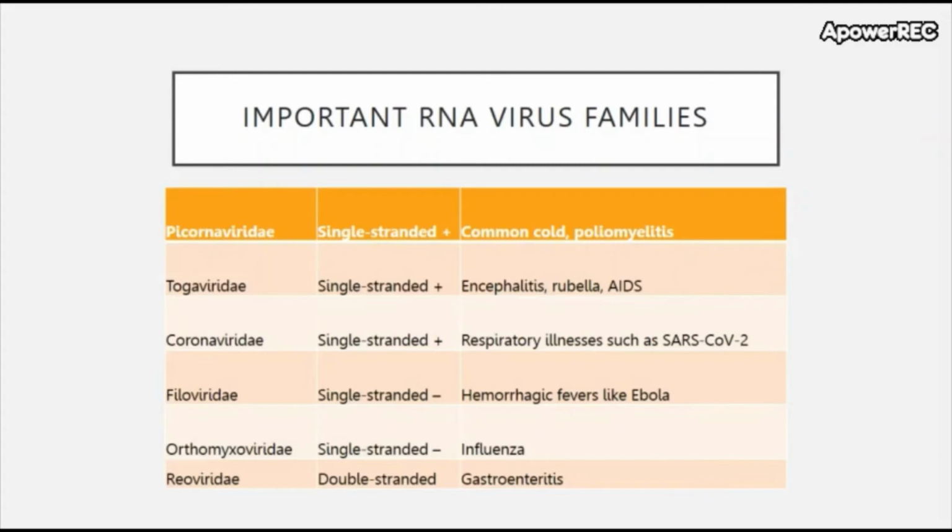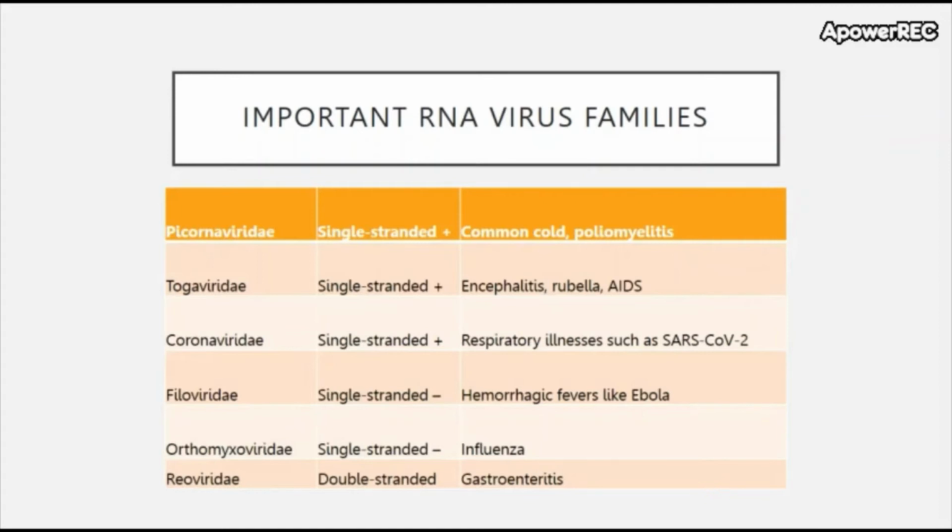Next is the Coronaviridae, and this is a sense-stranded, single-stranded RNA virus, and it can lead to respiratory illnesses. An example of this virus is coronavirus 2, also colloquially just known as coronavirus.